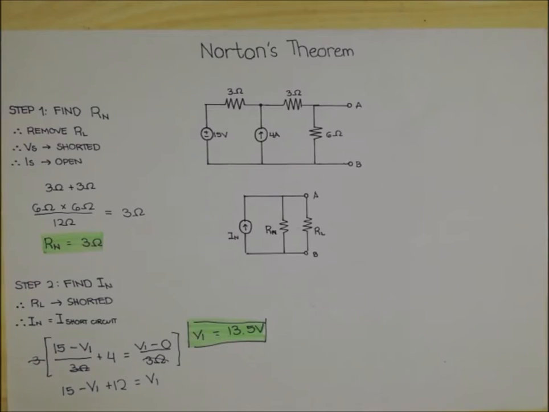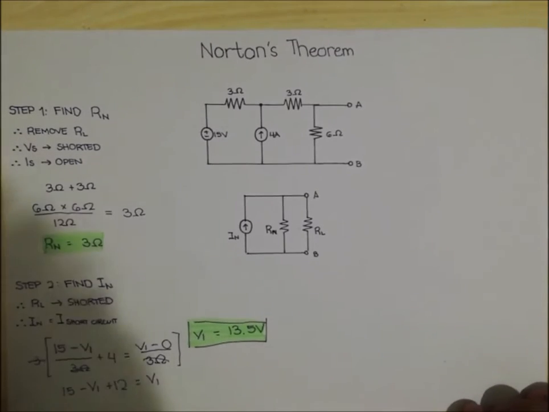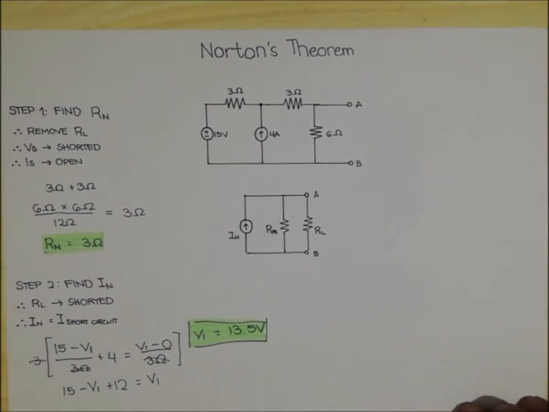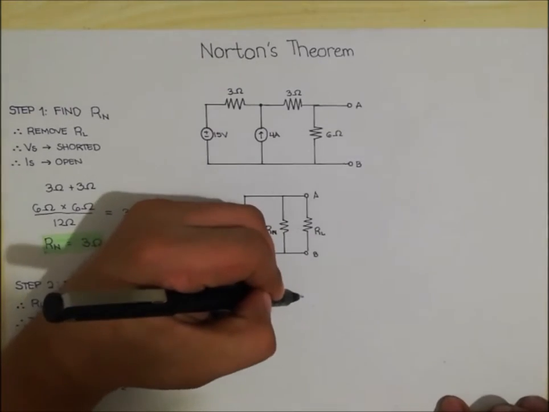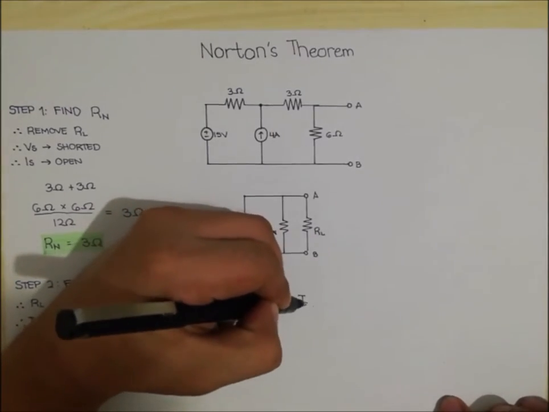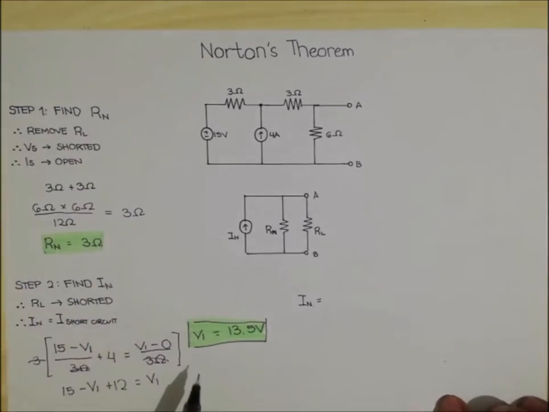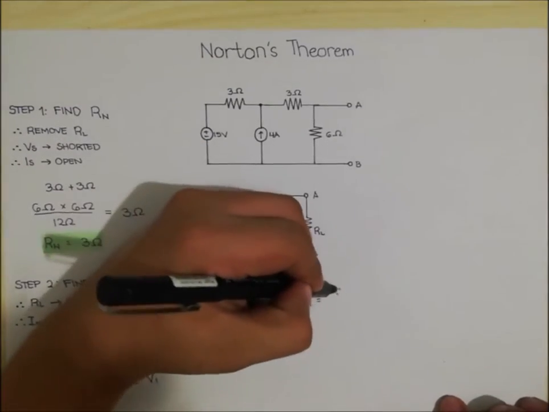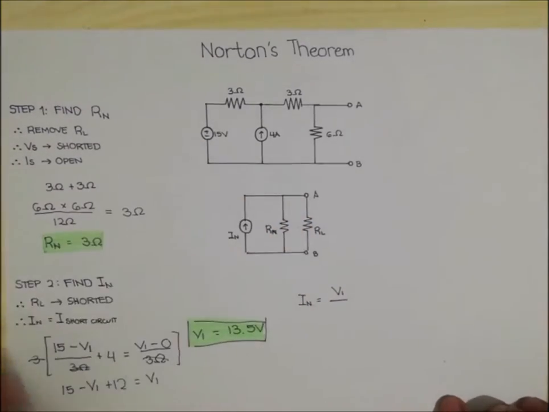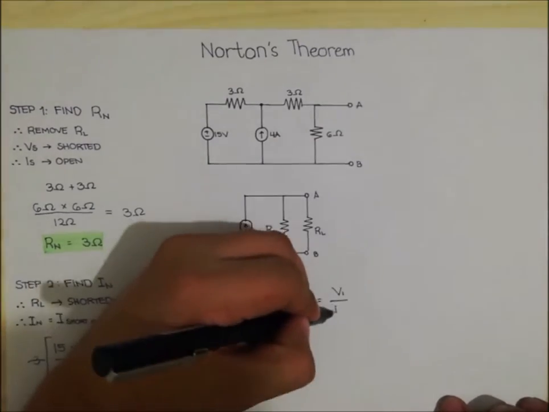So we now have our Norton equivalent resistance and our voltage on this node. So in solving for the Norton equivalent current, let us use simple Ohm's law. That is, current I sub n equals the voltage on this node V1 over the Norton equivalent resistance.